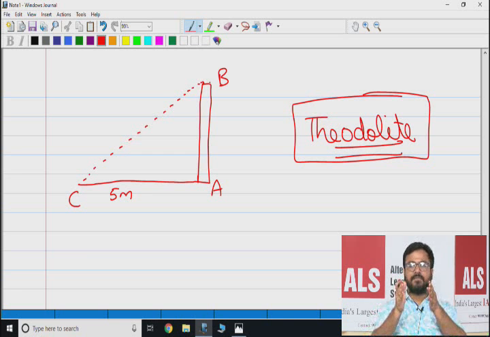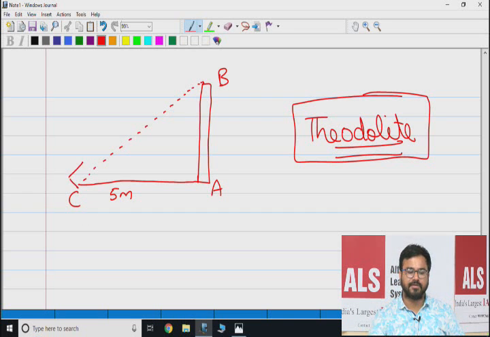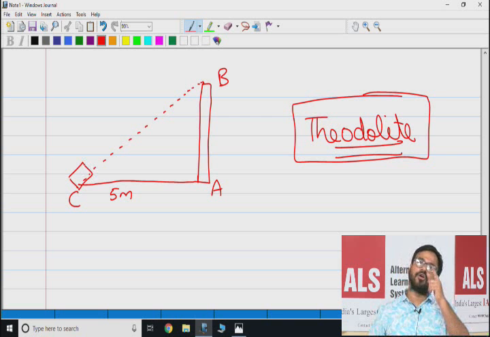In the diagram you can see from point C, this is the device. If you aim it at the top of the building, that device will tell you what angle the line of sight is making with the horizontal.